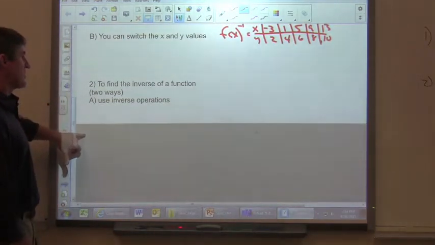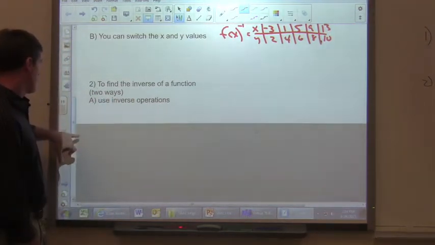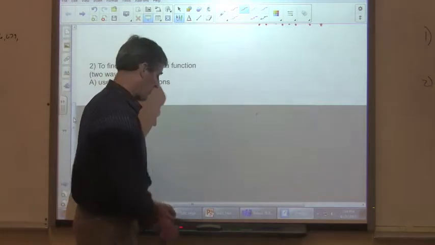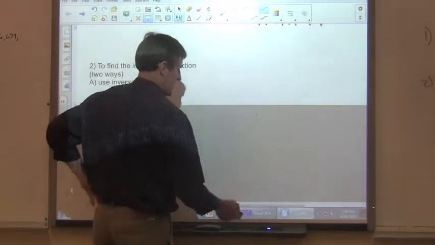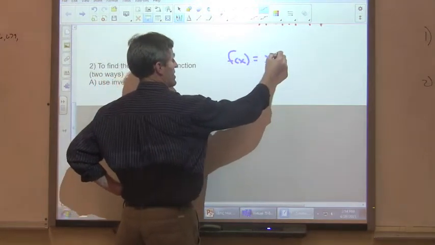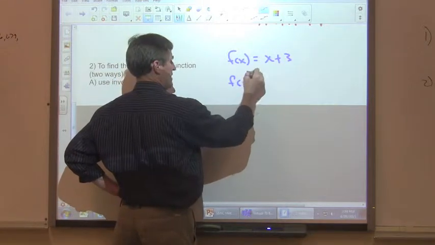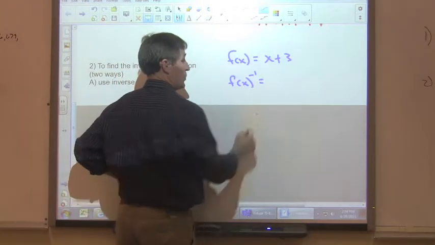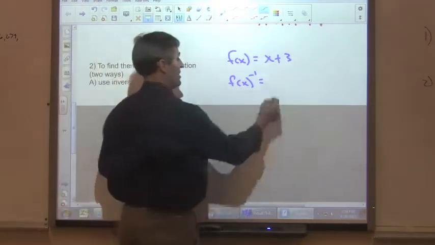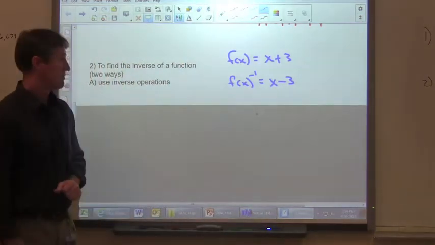To find inverses of a function if it's in an equation form, again, we're going to have two ways to do this. The first one is you can use inverse operations. So let's say f of x equals x plus 3. So the inverse of that would simply be the inverse operation of addition, which is subtraction, and so that would become x minus 3.